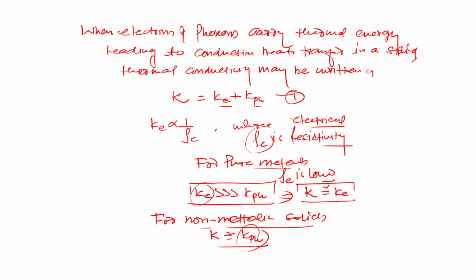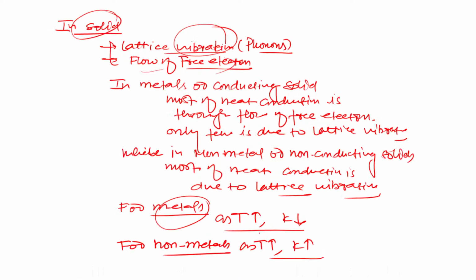Now, thermal conductivity of the phonons will increase with what? As I told you, in non-metallic solids, as temperature increases, vibration increases, then phonons increase, then K will increase. In metallic solids, as temperature increases, the vibration will affect the flow of electrons, and that's why K will decrease with increasing temperature. This is clear.